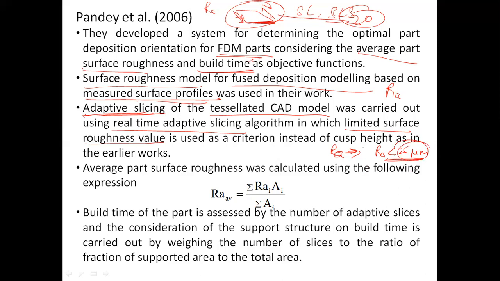So he used this concept of limiting surface roughness rather than limiting cusp height as the criterion. And the average part surface roughness was calculated using this expression: the surface roughness of each layer multiplied by the area of each layer, cumulative, divided by the cumulative surface area of the model.